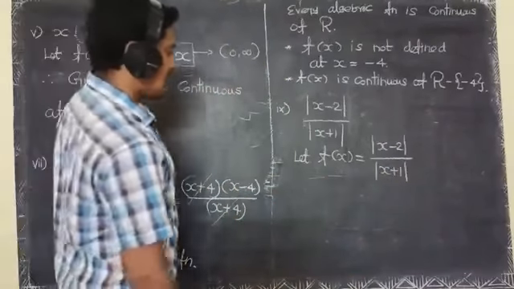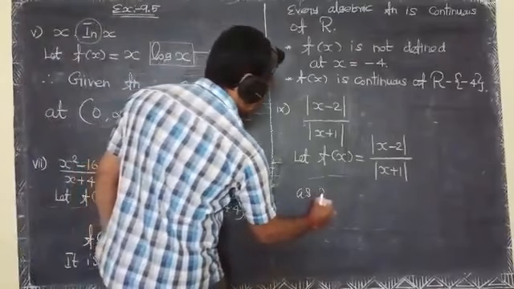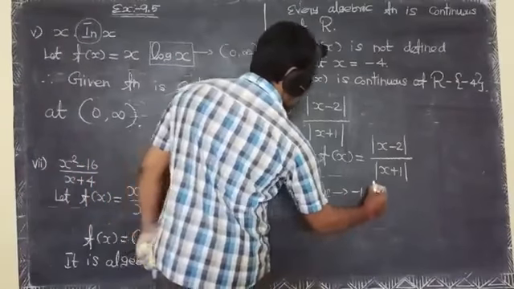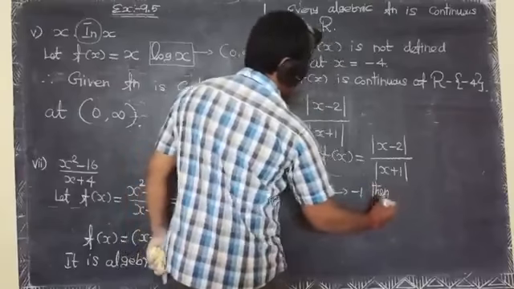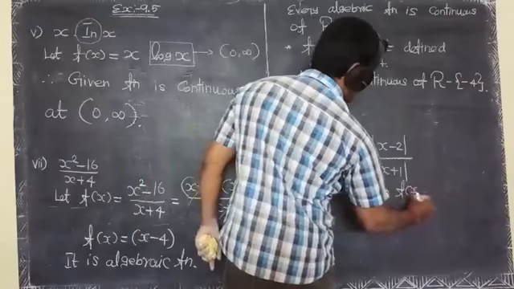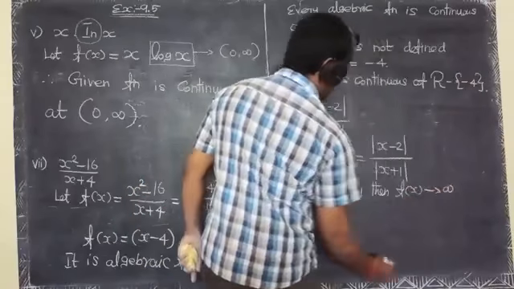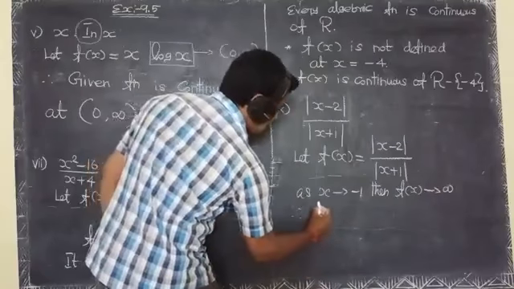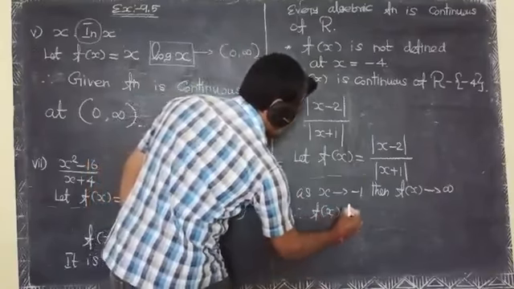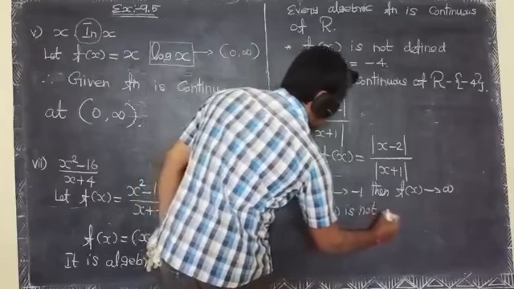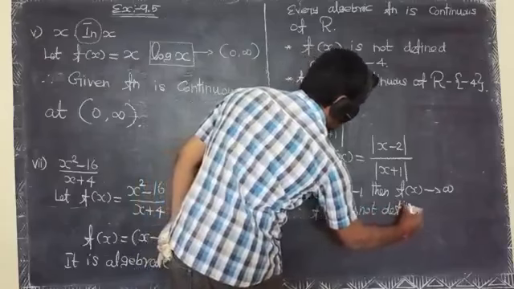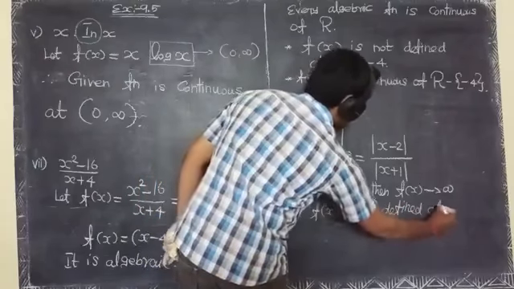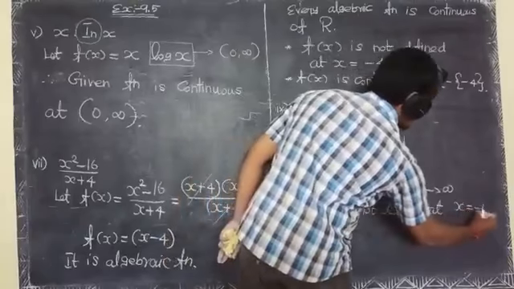Here, as x approaches minus 1, f of x approaches infinity. Therefore, f of x is not defined at x equal to minus 1.